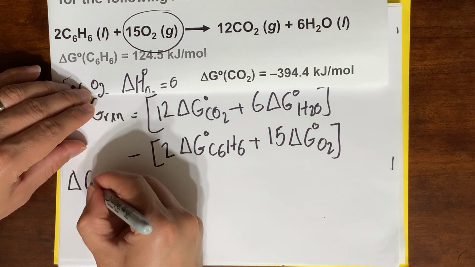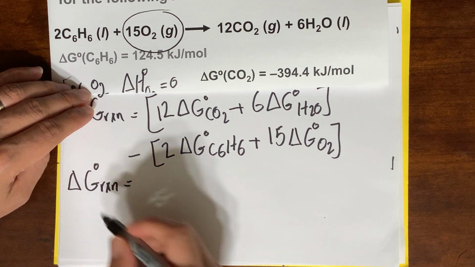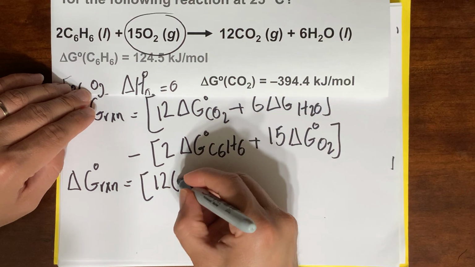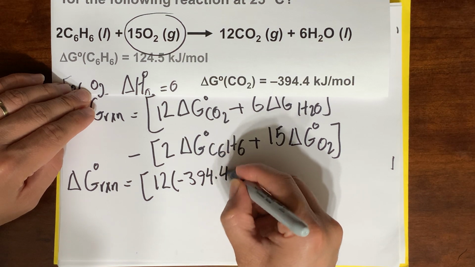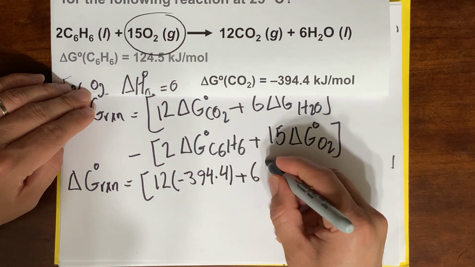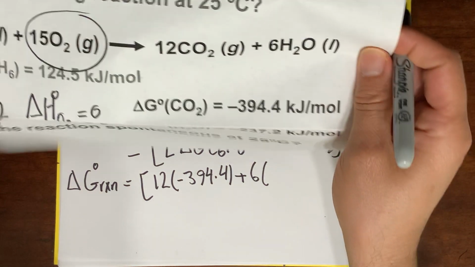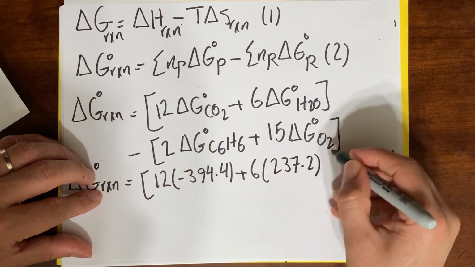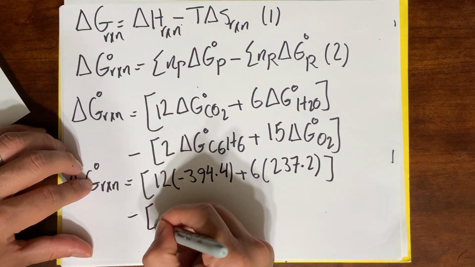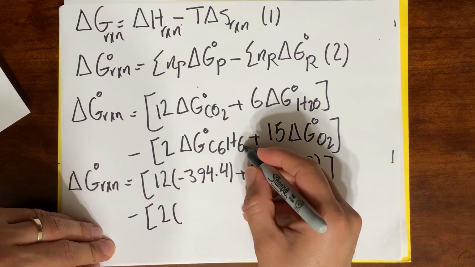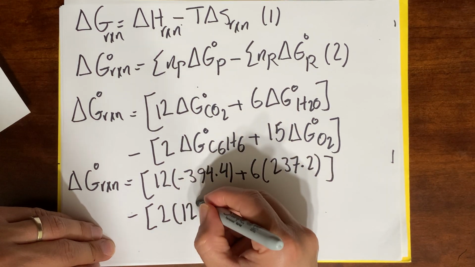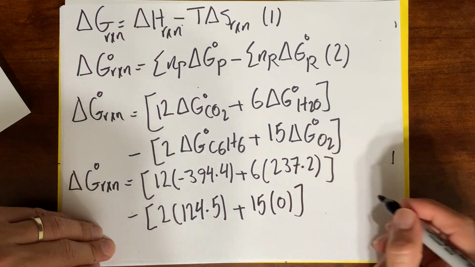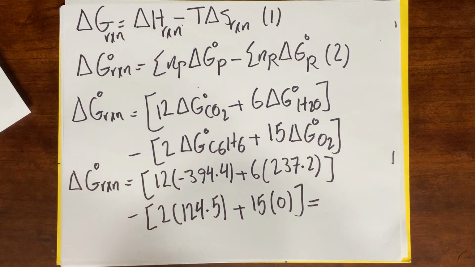So delta G of the reaction under standard condition is going to be equal to 12 multiplied by minus 394.4 plus 6 multiplied by delta G of H2O, which is minus 237.2, minus 2 multiplied by delta G of C6H6, which is 124.5, plus 15 multiplied by 0. That one will give us the final answer.